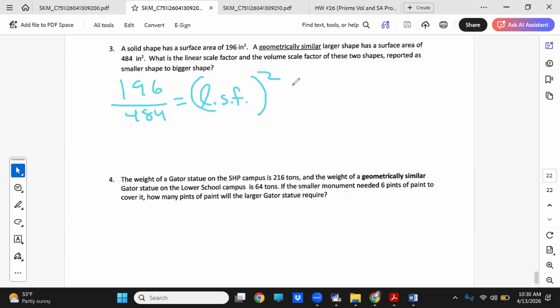I'll let you battle that. Tell me what LSF is in the volume ratio. So that's teed up. Go and try 4, and we'll talk about it when we move on to new shapes.